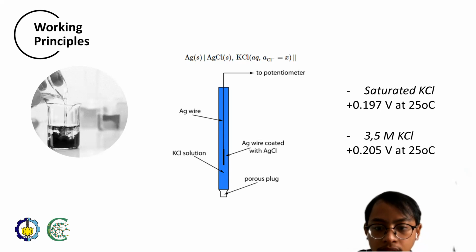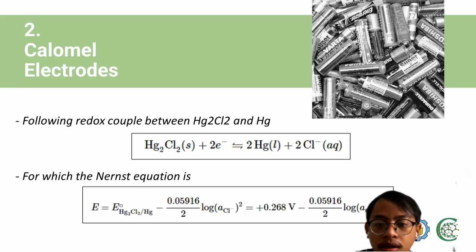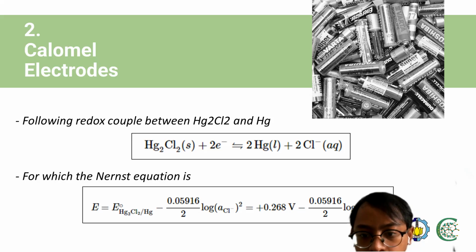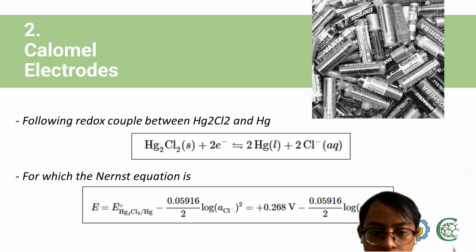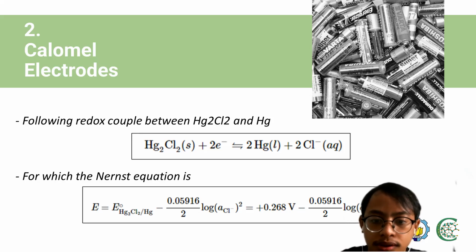On to the next, the calomel electrode, or SCE, as we call it. The SCE depends on the activity of the chloride in equilibrium with calomel. So it follows the redox couple of calomel, like in the presentation, the reaction on the first one.